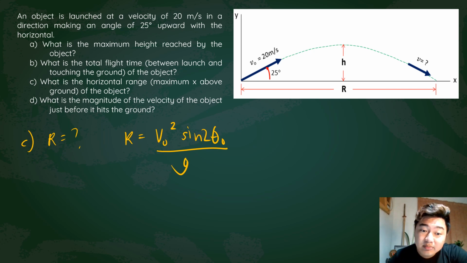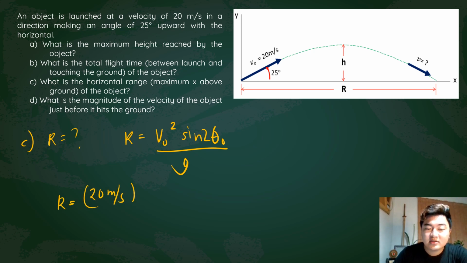Again, substitute the values, where initial velocity is 20 meters per second squared times sine of 2 times the angle. When you input this in your calculator, make sure that you double the angle first before taking the sine, because you might input it where you only get the sine of 2 and then multiply it by the angle.